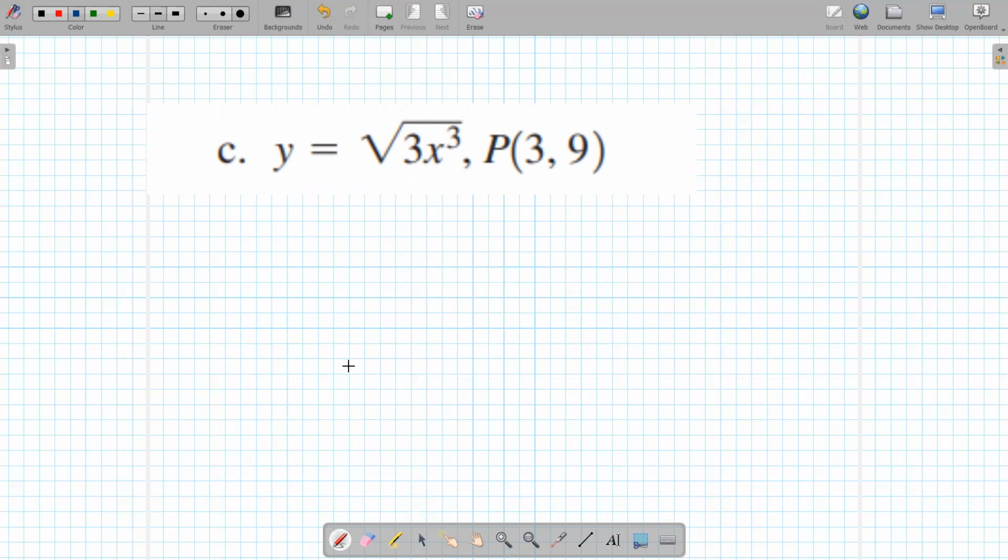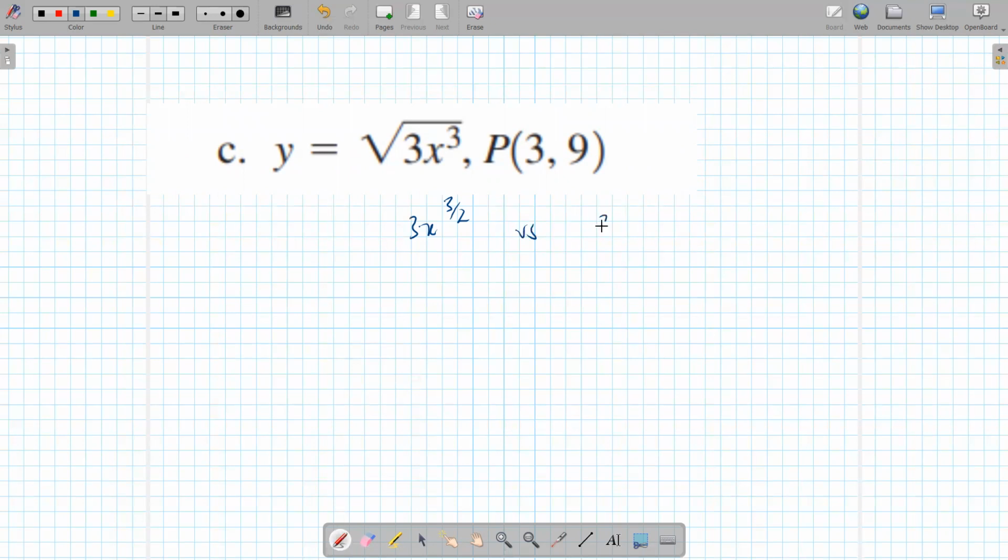So we need to change this from a radical into exponential. Is it 3x to the power of 3 over 2? Close. But it's not. It's like this. Notice the difference.